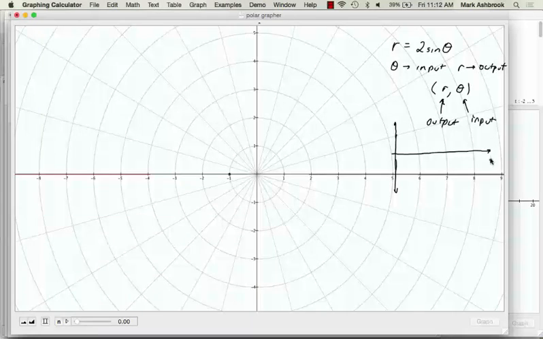Our input is theta and output is r, so we're going to plot r equals 2 sine theta in rectangular coordinates. Theta is on our horizontal x-axis, and r is our vertical axis. It's a real easy one. Then from this graph in rectangular coordinates, we'll figure out what it would be in polar coordinates.